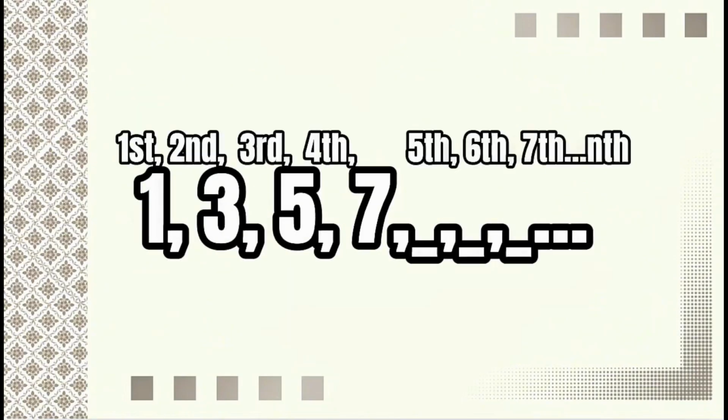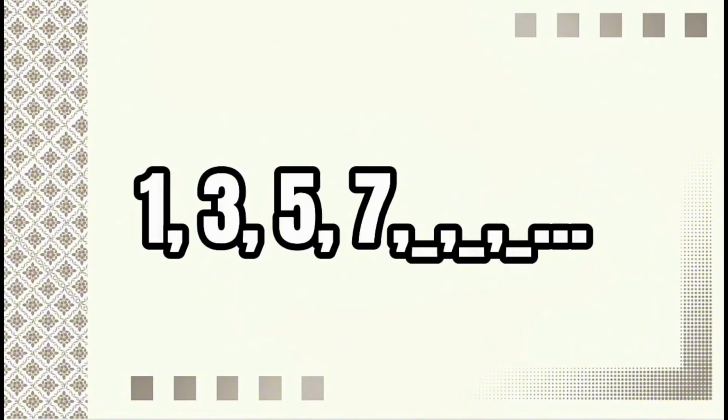Now, let's take a look at our example. As you can see, the number 1 is the first term, the number 3 is our second term, 5 is our third term, and 7 is our fourth term. The first space is our fifth term, the second space is our sixth term, and the last space is our seventh term, and the triple dots symbolize our nth term.